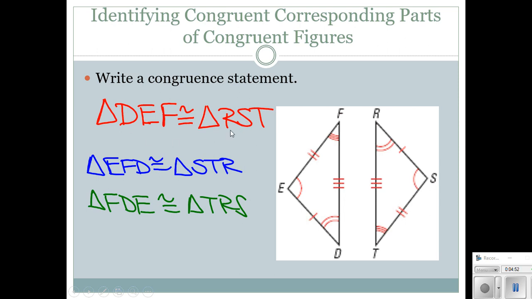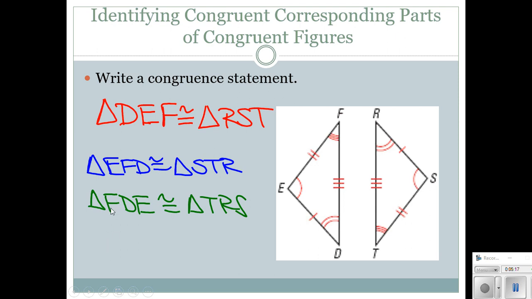So there are other ways of writing this. You can write EFD. So E matches STR, because E and S, they are matchy. F and T, they're matchy-matchy. When I say matchy-matchy, I'm talking about corresponding, okay? And then D matches R because of the marking. This one has 3, 3, 2, 2, 1, 1 angle marks.